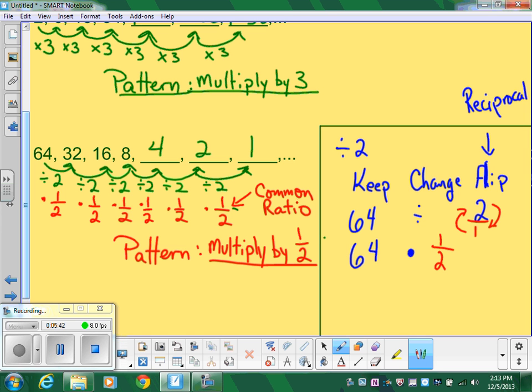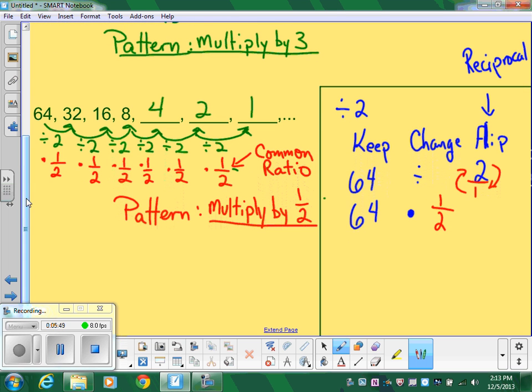Now, if we apply this the same way that we did with our arithmetic sequence, n is once again representing our previous term. So if we start with our initial term of 64, what do we do to go from 64 to 32?